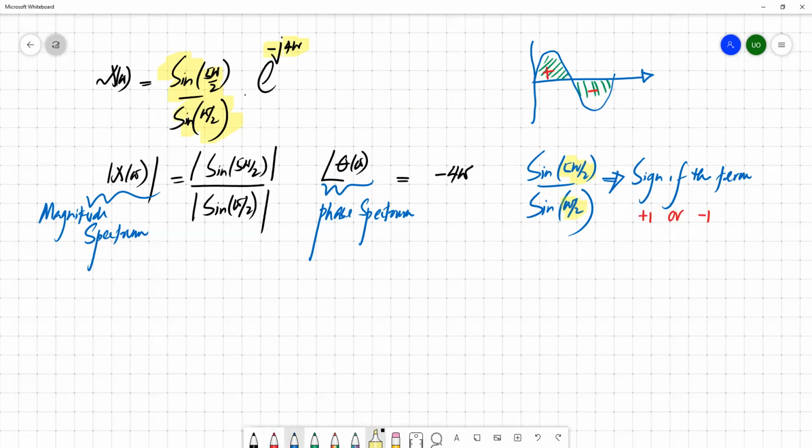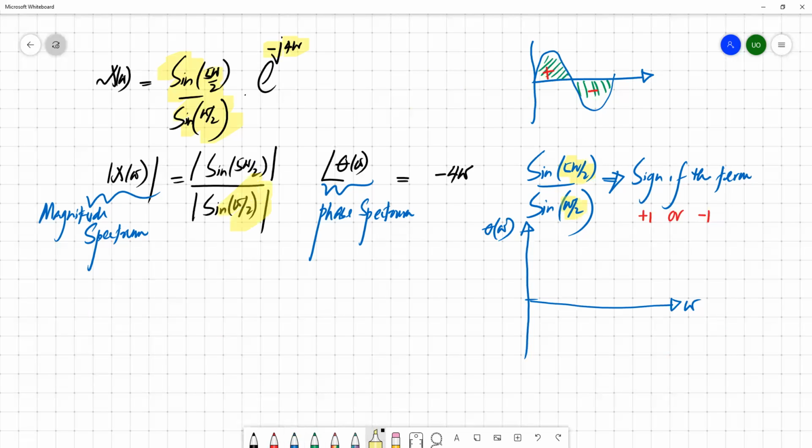Because we plot the spectrum along with omega. So if you evaluate 5 omega over 2 and omega over 2, the sine value of these components gives either a plus value or a minus value, because the magnitude is captured here.